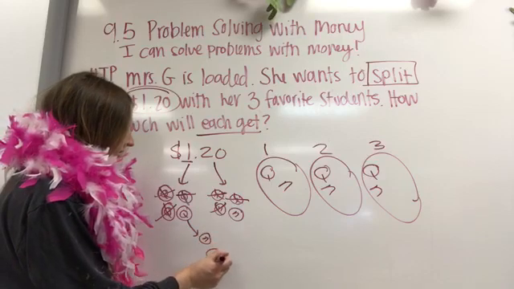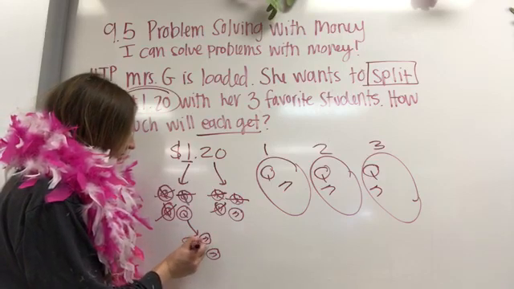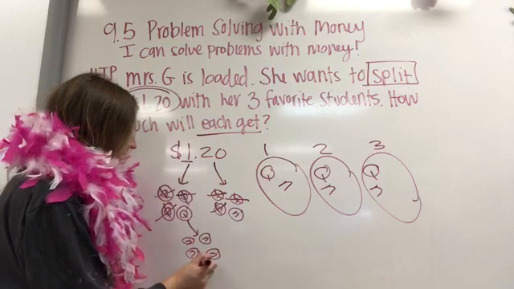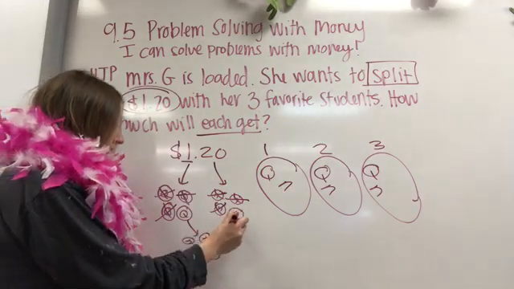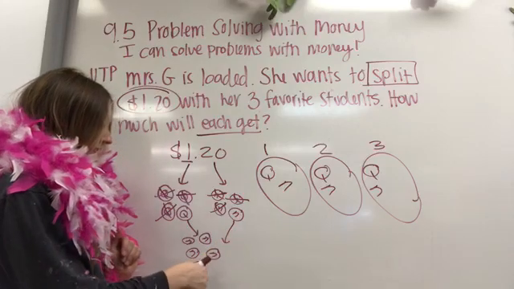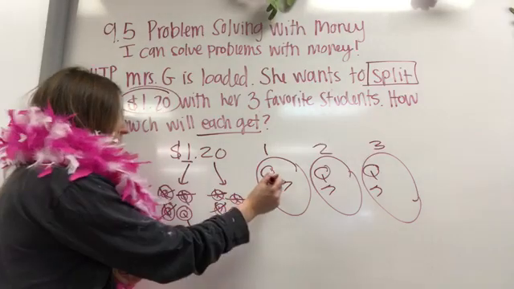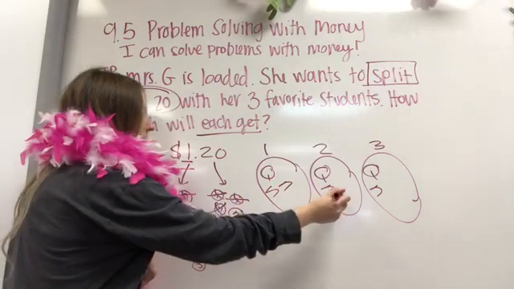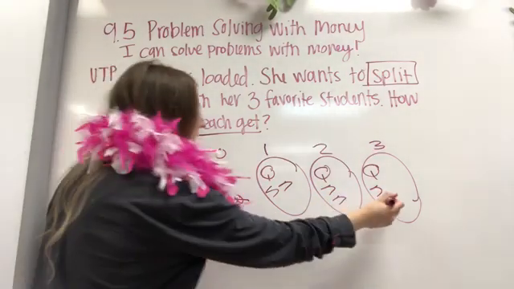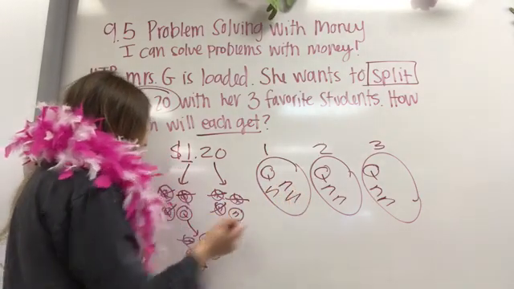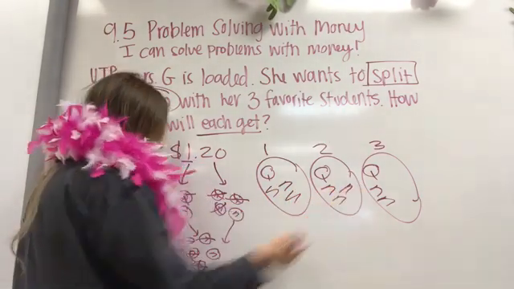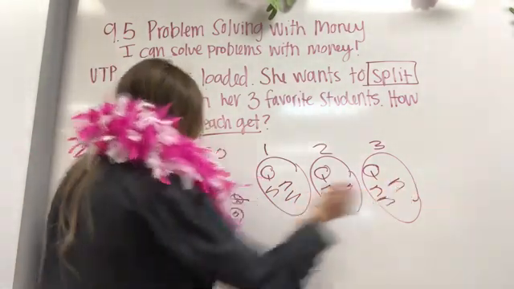So we have 1 nickel, 2 nickels, 3, 4, 5 nickels. Okay, so now we have this nickel over here, so now we have 6 nickels. So this one gets a nickel, this one gets a nickel, this one gets a nickel. And we have enough where each person can get another nickel. So this one gets a nickel, this one gets a nickel, and this one gets a nickel.